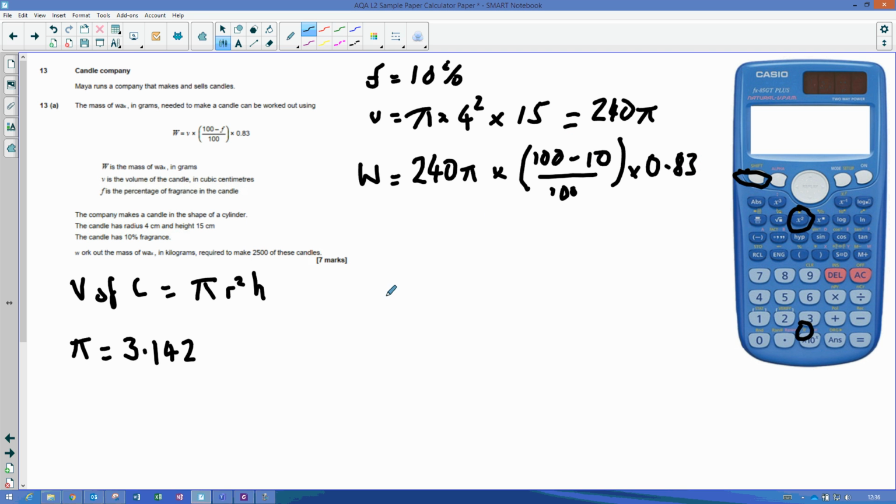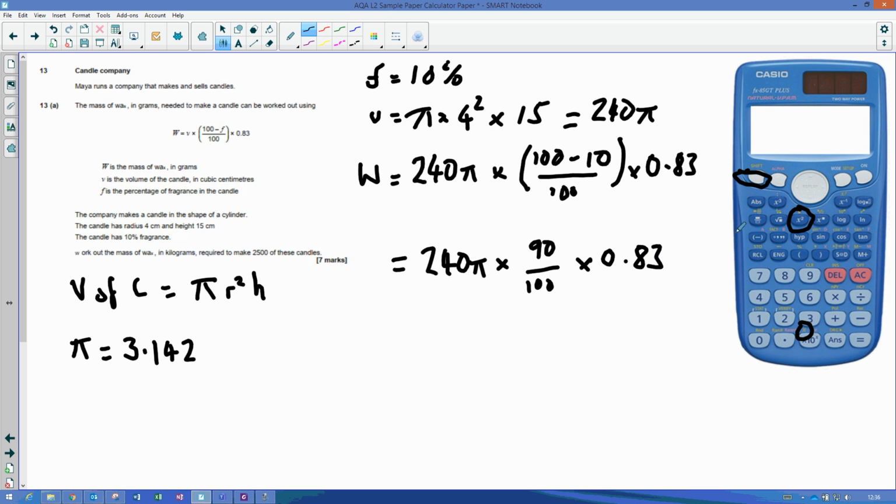And this bit here, we need to do that first. 100 minus 10 is 90 over 100, and then times by 0.83.